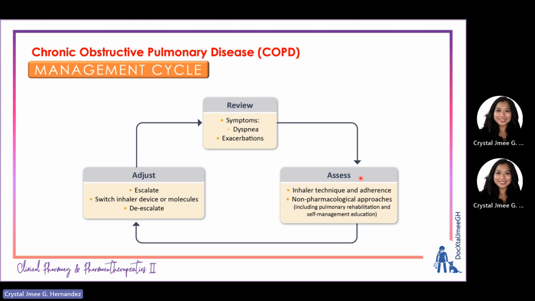So if there would be an escalation of the treatment regimen, is there a need to switch the devices or the molecules, especially since every now and then there are new devices that can present greater advantages in therapy? So we can consider that so we can maximize it. And of course, we can also de-escalate or try to do tapering or adjustment of other medications.